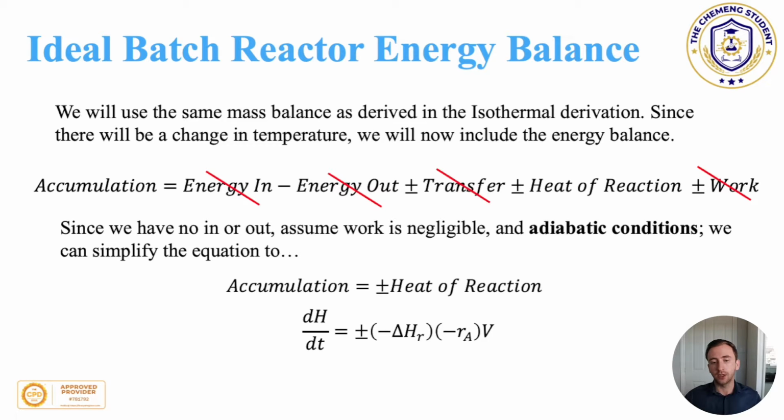Now, the heat of the reaction is going to be the heat of the reaction for that particular reaction multiplied by the reaction rate multiplied by the volume of the system. Now, if we rewrite this in its raw state as a function of temperature, then the enthalpy is mCp delta T. Now, what we can then say is that we can vary the temperature, so dT, capital T denotes temperature, lowercase t denotes time.